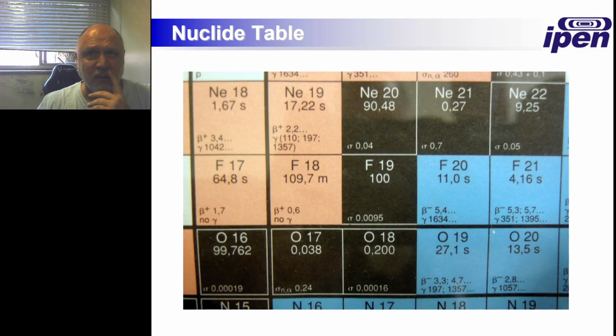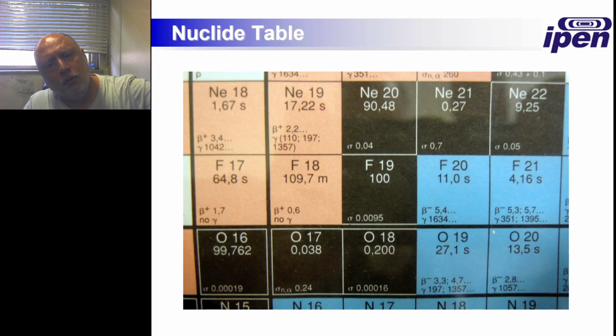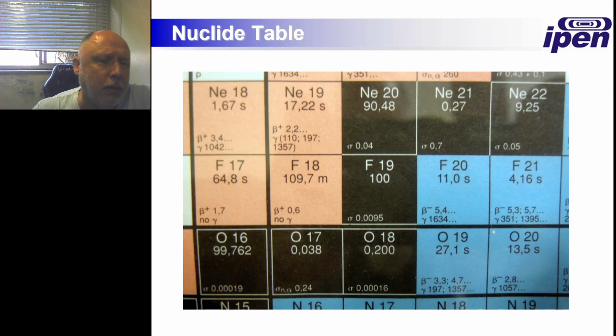If you go to some professors' rooms, you'll still find some of those hanging on the wall. We now use much more the ones on the internet because they are completely up to date. But they are essentially the same thing, right? On the same line, you have all the isotopes for the same chemical element.